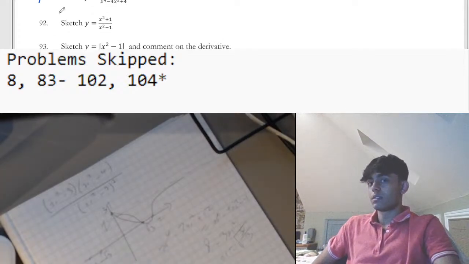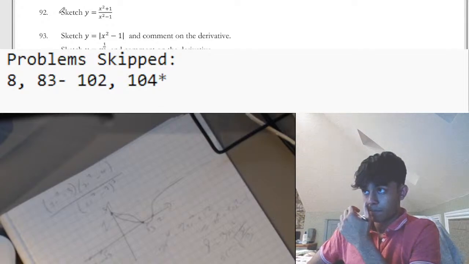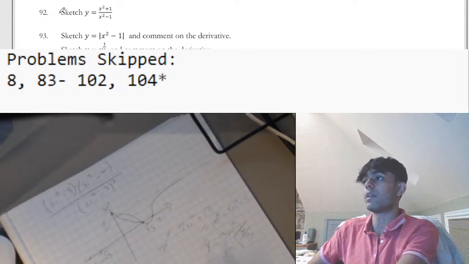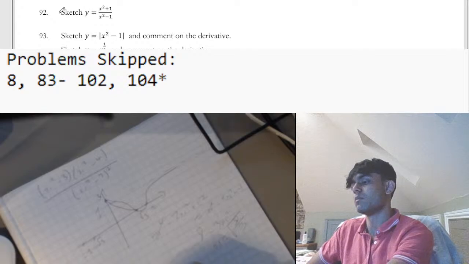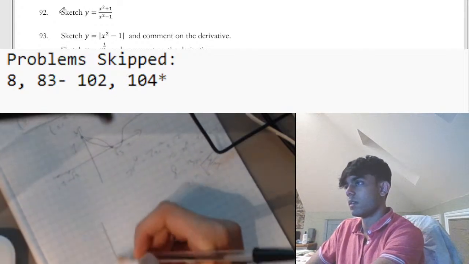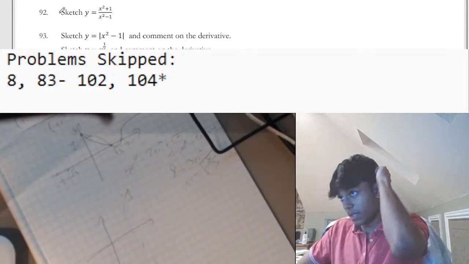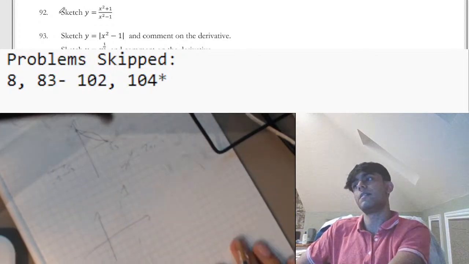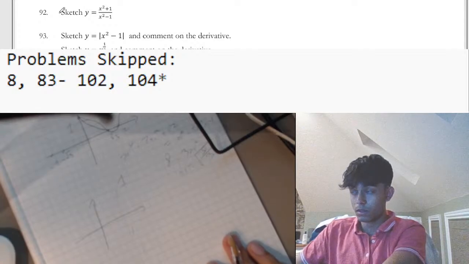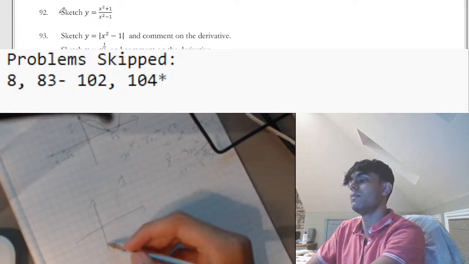Okay, sketch this thing. So you never get y equals 0. The asymptotes are 1 and minus 1. Again, it's an even function, so I'll just do the right side. When x is 0, you get minus 1.